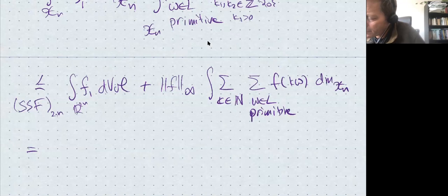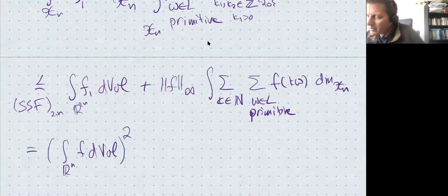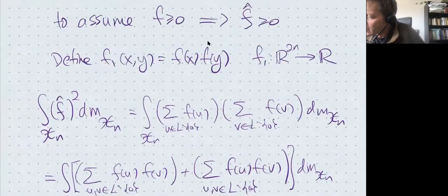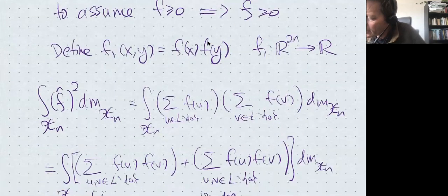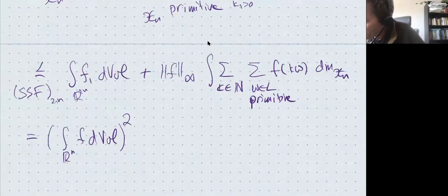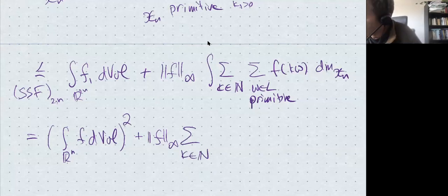So the integral of f1 on 2n-dimensional space is exactly the integral of f on n-dimensional space, squared. That's because f1 is given by this formula, and I can do Fubini. And here, let's pull the sum out. And this is something that we already had. This is the primitive transform.